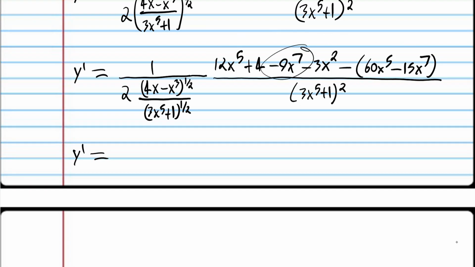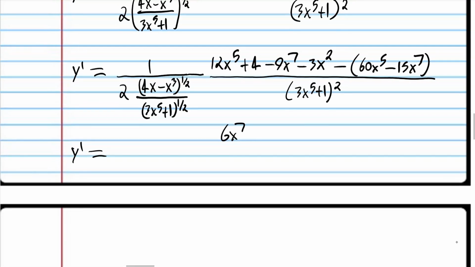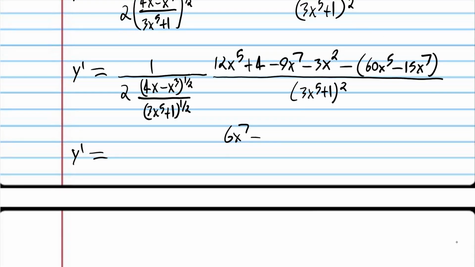So negative 9x to the 7th plus 15x to the 7th is 6x to the 7th. Then we have 12x to the 5th minus 60x to the 5th, which is negative 48x to the 5th.